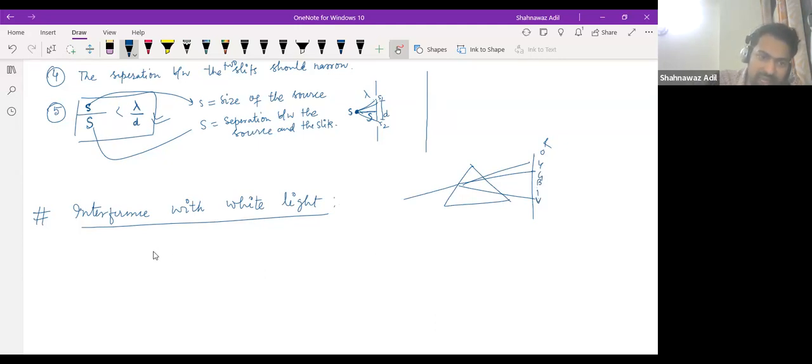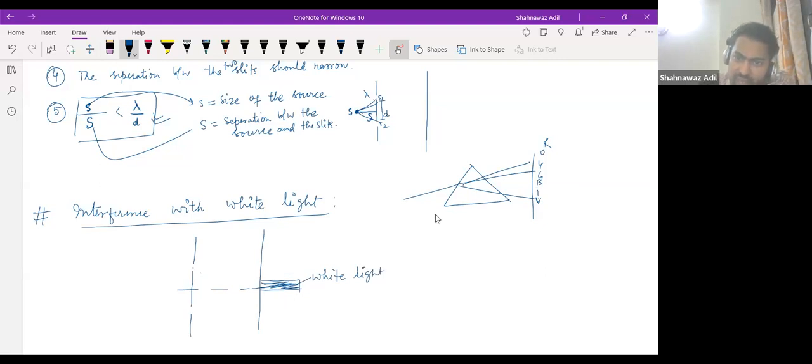So we know that the interference pattern is dependent upon wavelength. Let's say you have this white light which is falling. First you will get a central maxima, right? This would be white light.